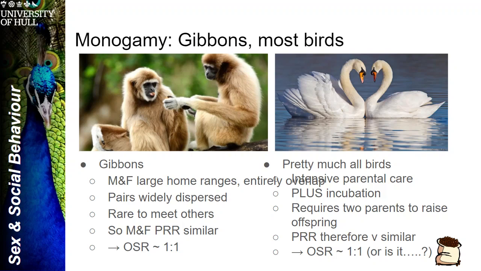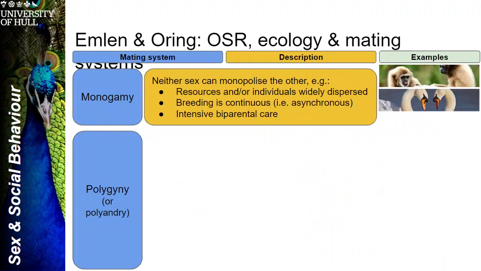It requires 2 parents to raise any offspring at all. And so your potential reproductive rate is pretty similar for both sexes, and the operational sex ratio is pretty much 1-to-1. Or is it? We'll come back to the situation in birds extensively later in the course. But monogamy comes from situations where operational sex ratios are pretty much 1-to-1.